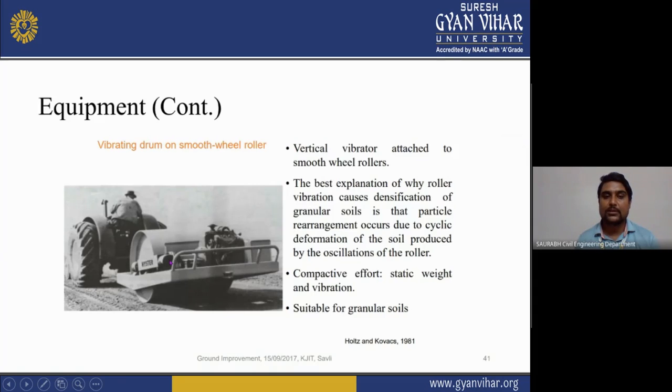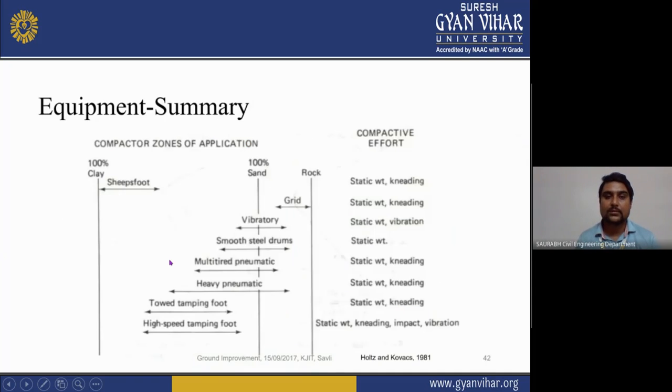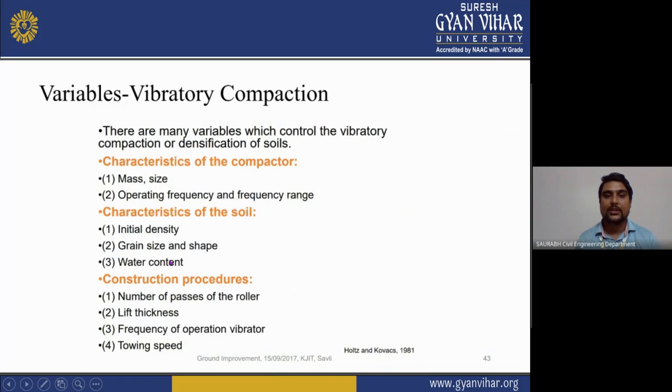So this is also one kind of roller, known as the vibrating drum on a smooth wheel roller. Here is an equipment summary, which is used during ground improvement.